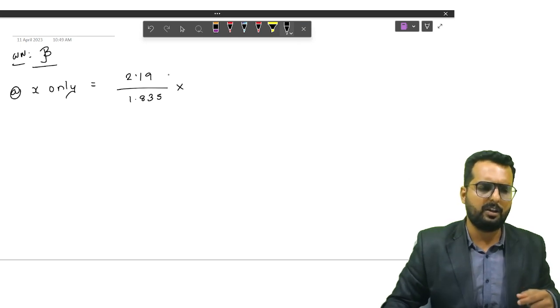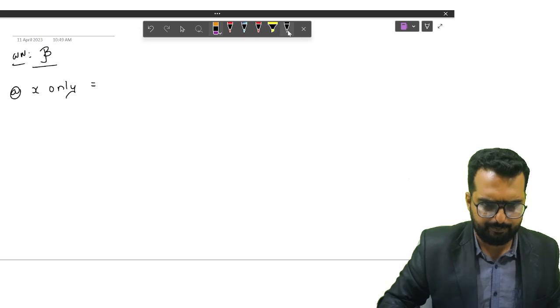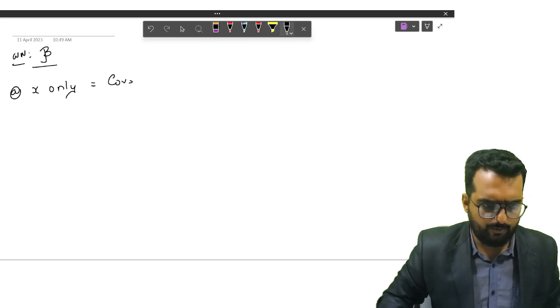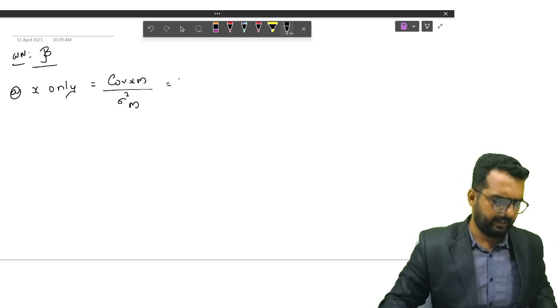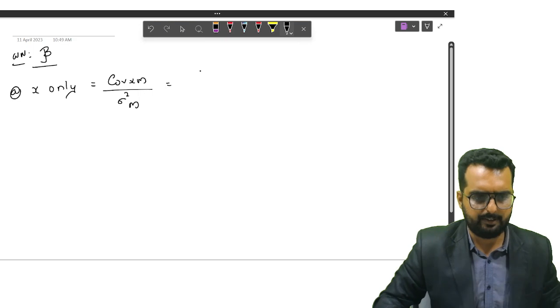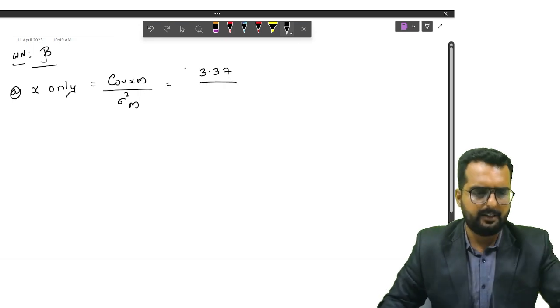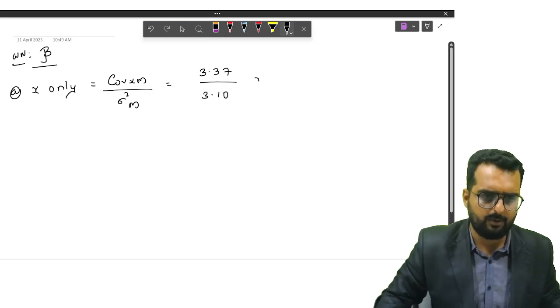But since correlation is not given, I can always go and find out, or wait, I can use an easier formula. Covariance of XM divided by variance of M. I can do like this, correct? So how much is covariance of XM? 3.37 divided by variance of M, 3.10.